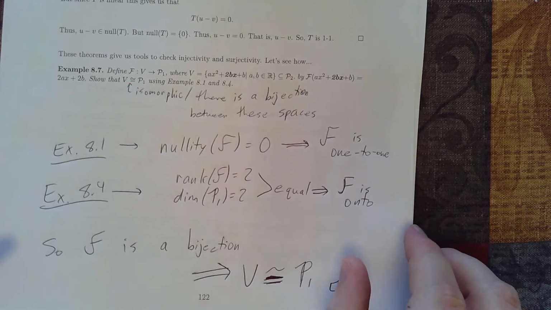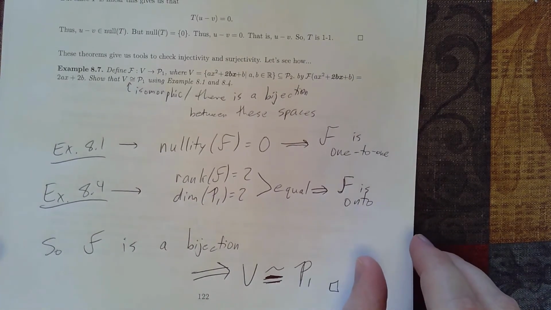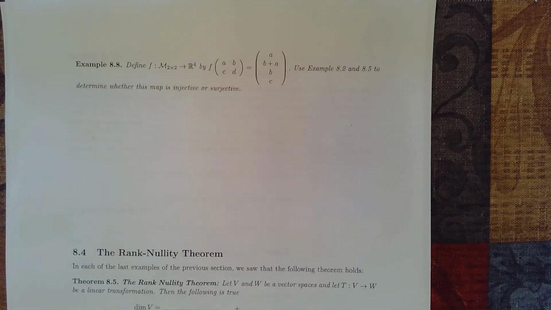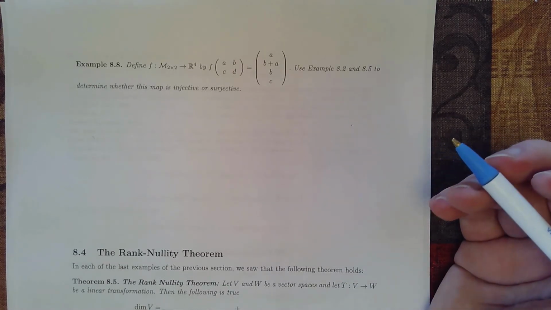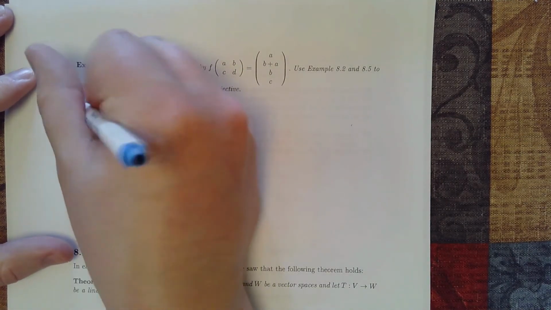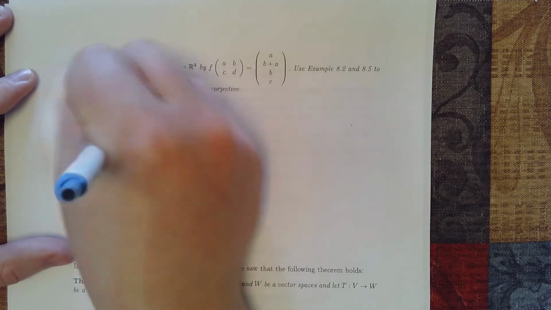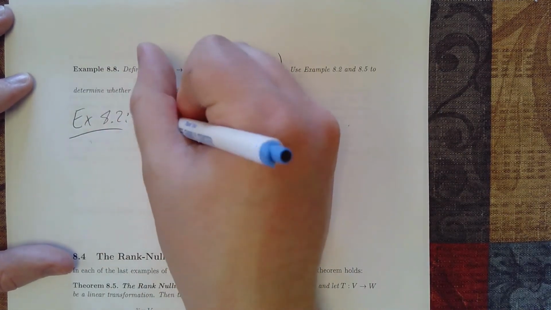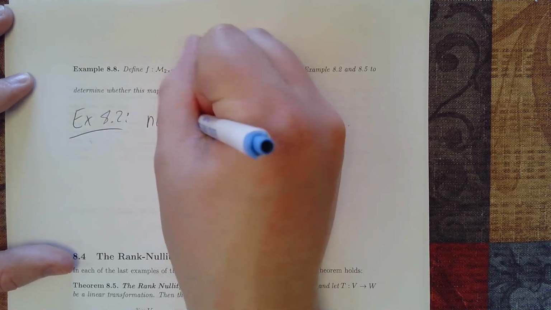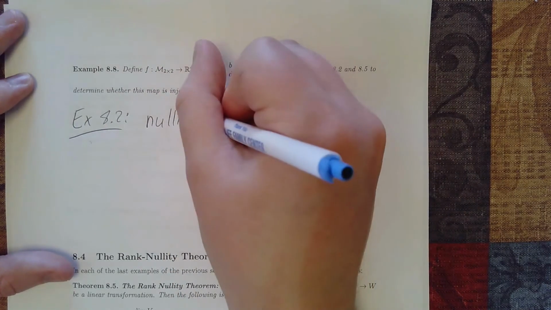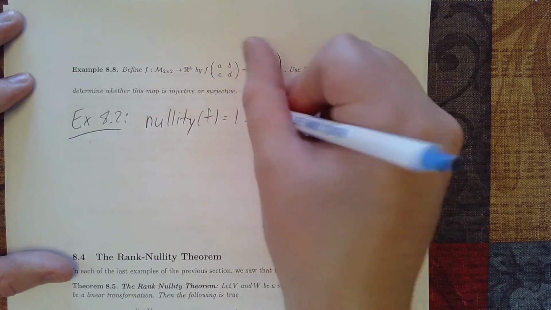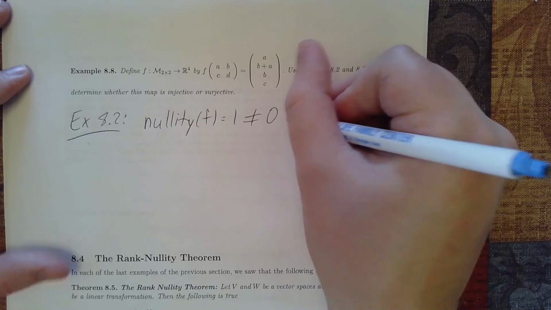Now we can check whether the other transformation we looked at is injective and surjective. Using these examples from before, example 8.2 told us that the nullity of our transformation was equal to 1, which means it's not equal to 0.